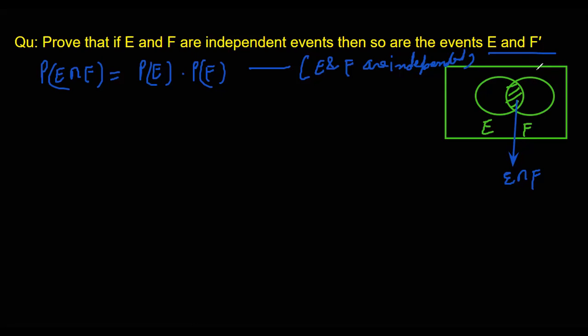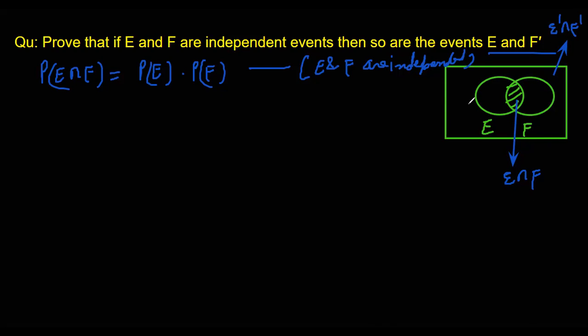So the outside part, outside both circles, will be E complement intersection F complement.